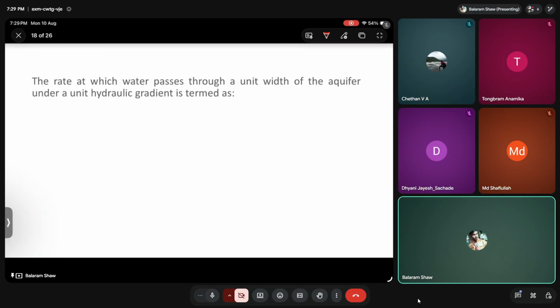The next question is: the rate at which water passes through a unit width of the aquifer under a unit hydraulic gradient is termed as. We didn't discuss this, just to note.